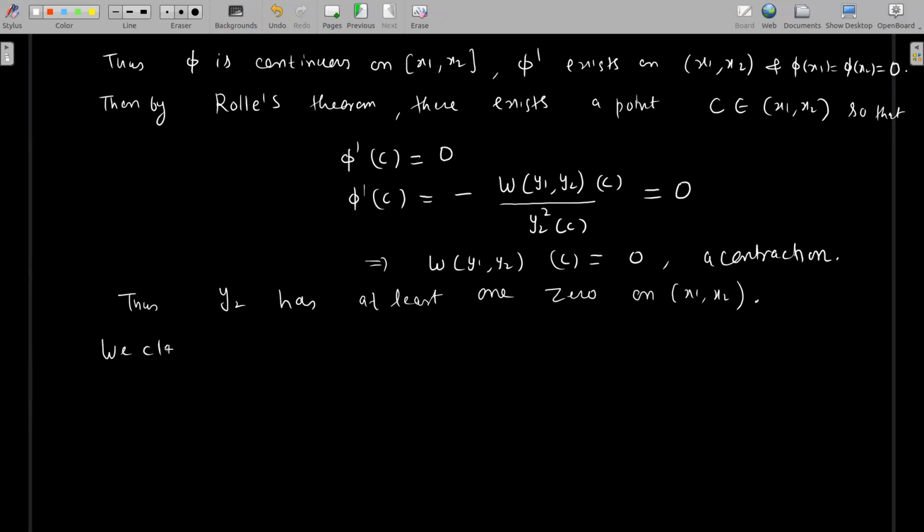We claim that y2 does not have more than one zero on interval x1 and x2.